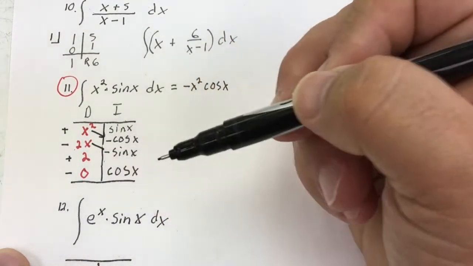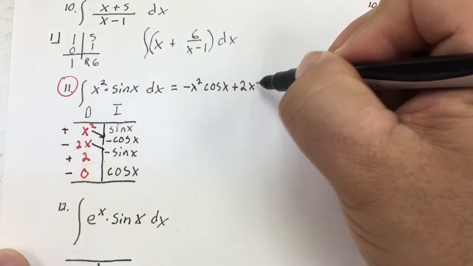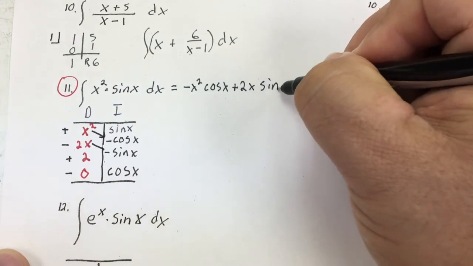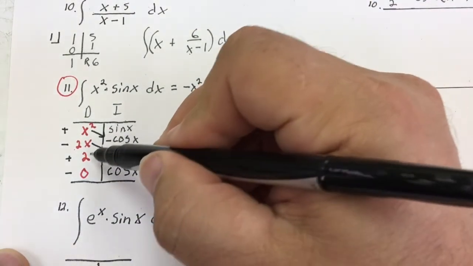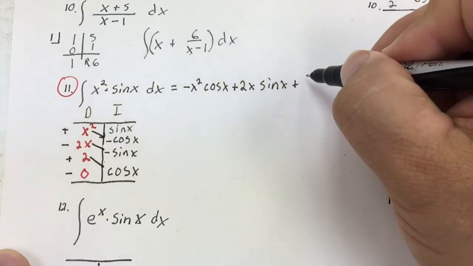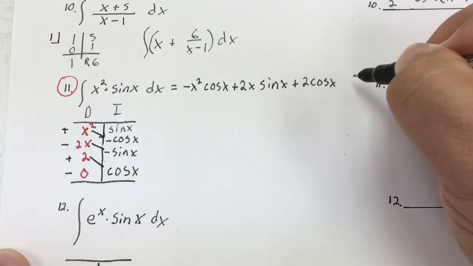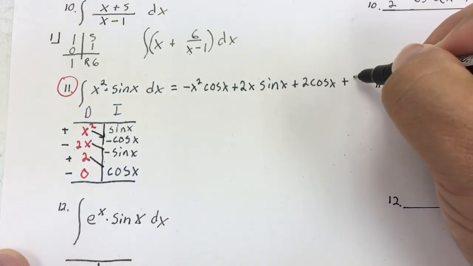Negative, negative, so plus 2x sine x. And then positive times a positive is plus 2 cosine x, and I'm done, so I'm going to hit plus C.